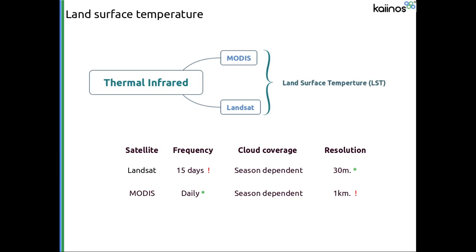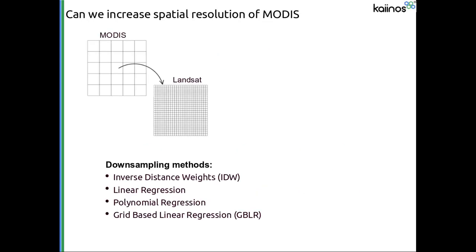So now we are trying to bring it down to 30 meter resolution using Landsat data. Landsat and MODIS have similar thermal sensors. So we have used these two satellites to bring down the spatial resolution of MODIS to Landsat by using resampling and different downsampling techniques. We have tried 4 techniques: inverse distance weights, linear regression, polynomial regression, and grid-based linear regression.